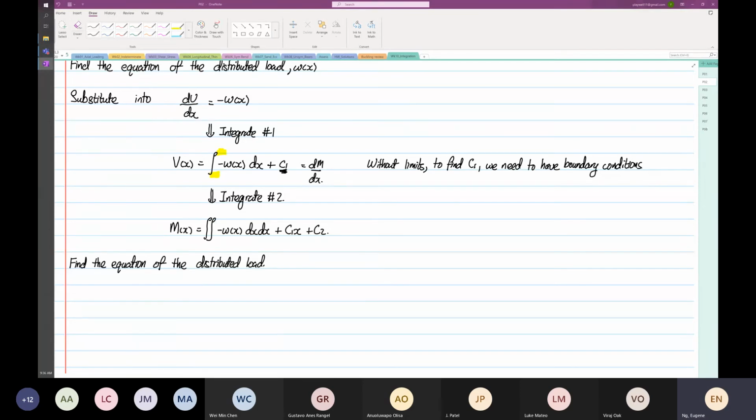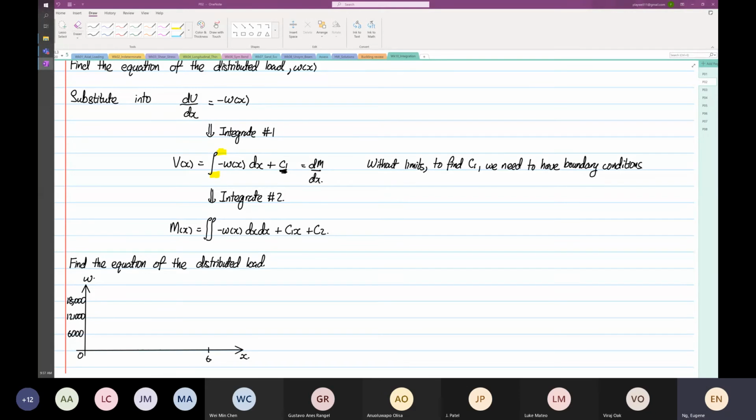This is your omega, and then you have a line across, this is your x. We have 0 over here, this is your 6,000, 12,000, 18,000, and then this distance is equal to 6.